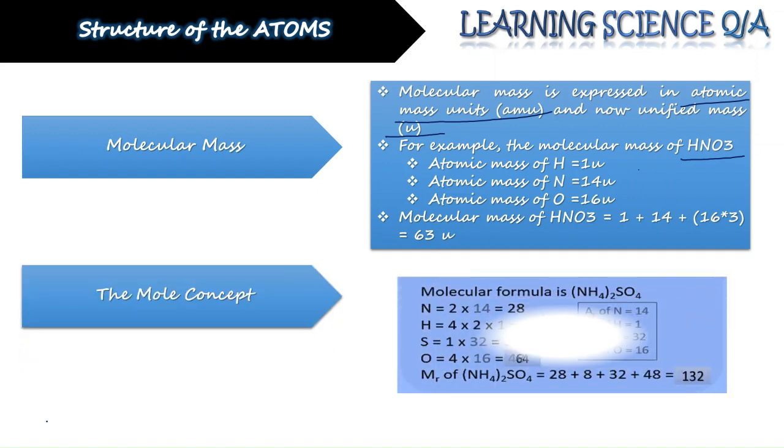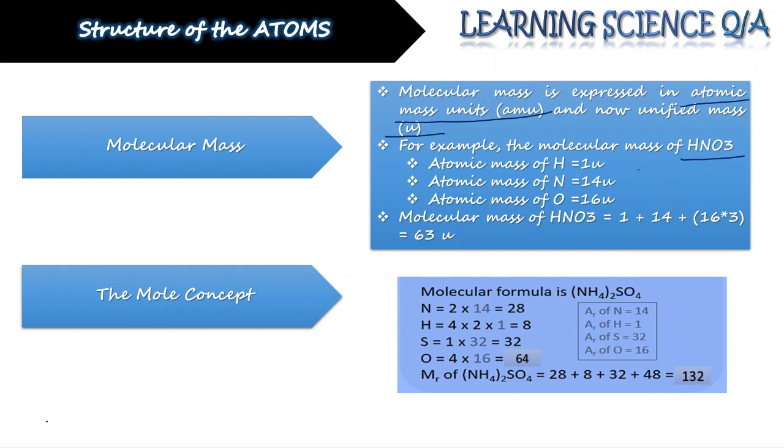Coming to the mole concept, the molecular formula of any compound can also be used to calculate the mole concept. Just see in what way we can use it. The molecular formula of (NH4)2SO4, that is ammonium sulfate, will be used to calculate the molecular mass of the compound in the same way as we calculated the earlier mass.